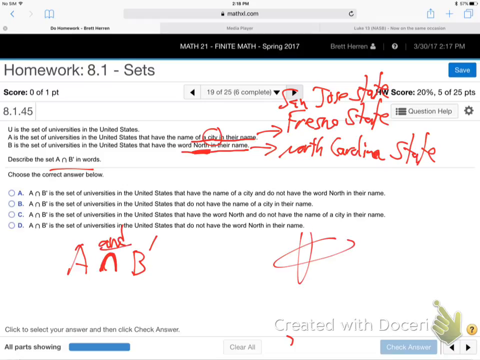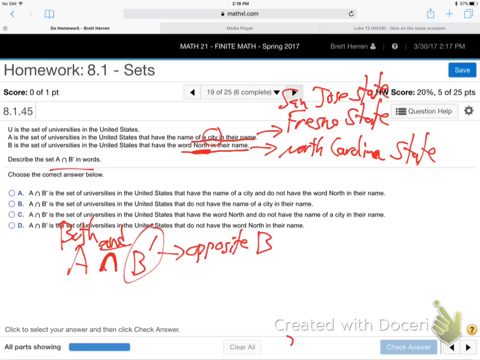Because if you overlap two things, you're in both sets. You get in the picture? You're in the first set and you're in the second set, right? It means and. It means both. Both A and B complement. That's the opposite of B.